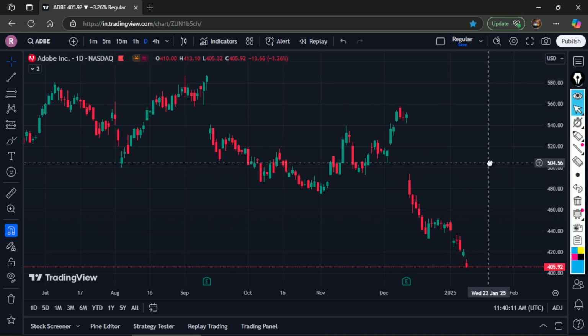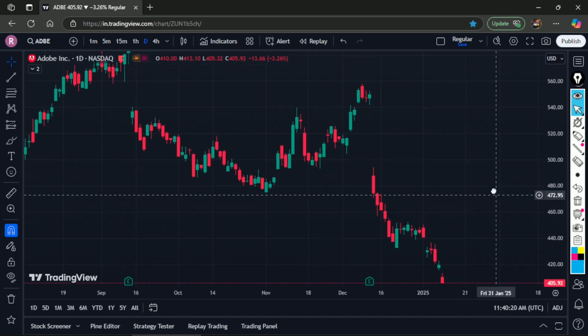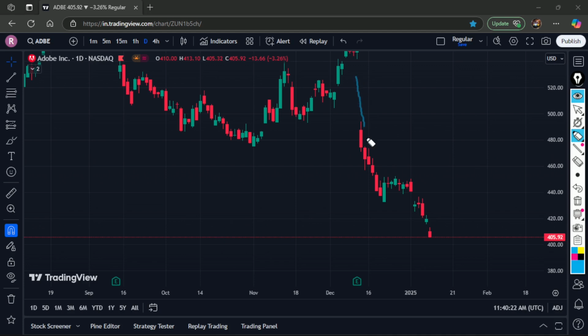Next in ADB, it is in negative, so nothing, just it is in negative. But what happened here is, if you see here, an impulsive move has just come, a retracement, and another impulsive move. Now in this impulsive move we don't know how many points it can go down further.